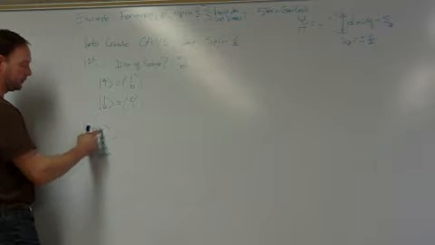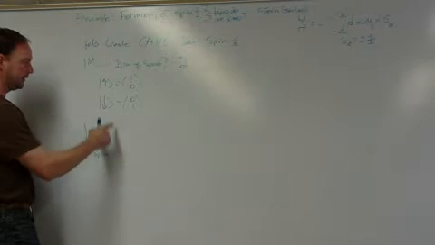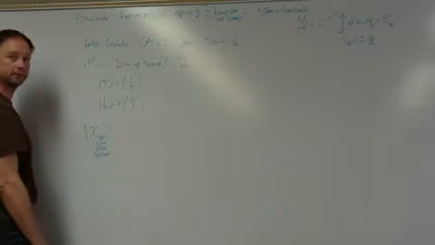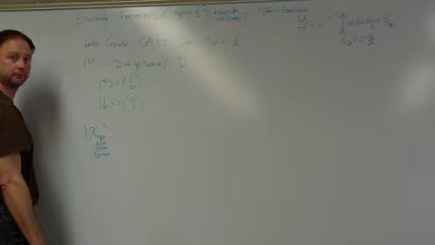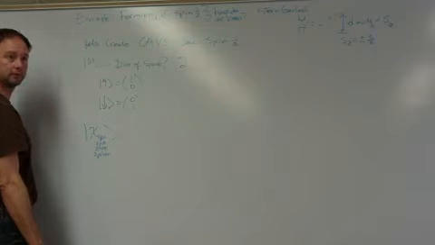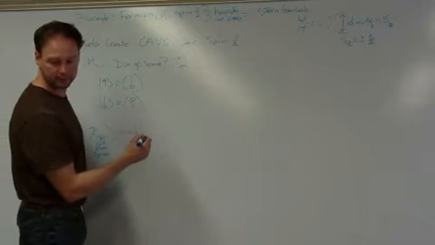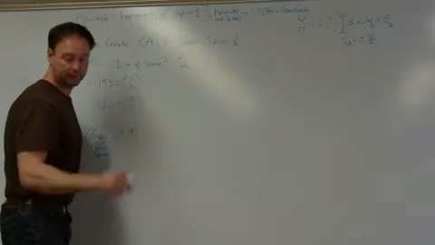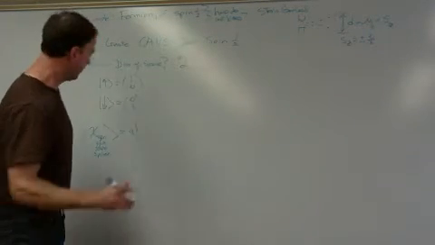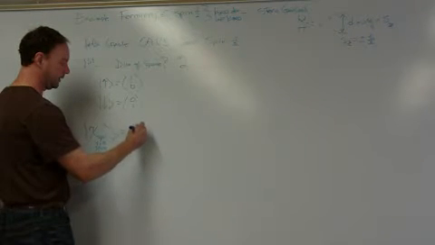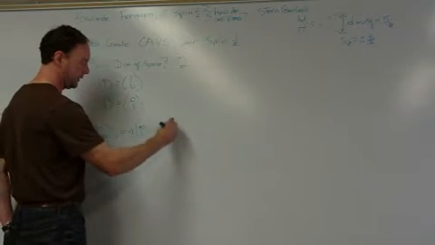So how can I build a generalized spin state in this 2D basis? You need some constant times up plus some constant times down. So I would say A times up, and then plus B times down.